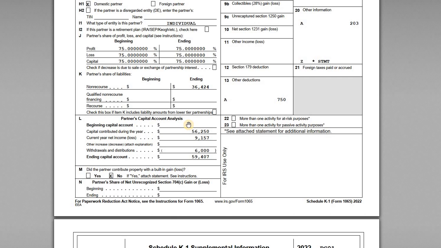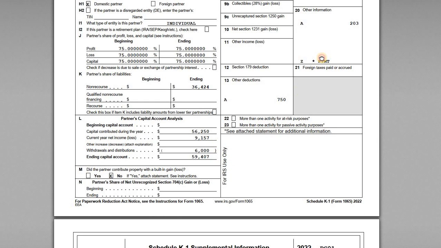Now, in item L, this is a reconciliation of the partner's capital account. So we can see here that John had, and this should be unique to each partner, this is not a total. This is unique to the partner that is receiving this K1. So John can see here that, okay, I put in $56,250. I was paid out $6,000. There's my distribution amount.